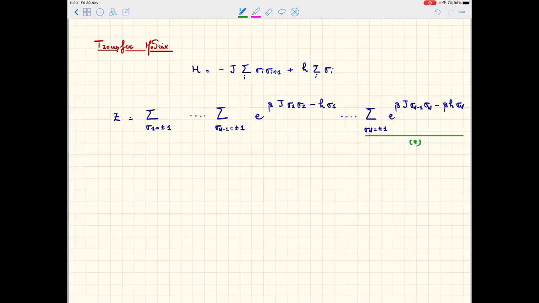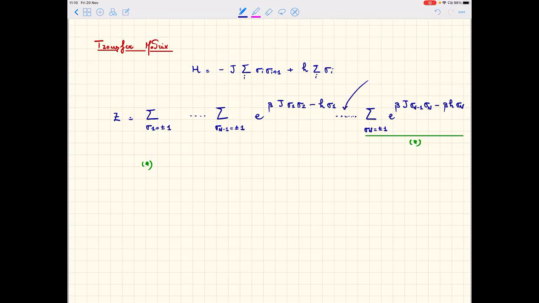Professor, I think the summation in the middle is somehow weird, because the summation is over sigma n, but the term is sigma 1 and sigma 2. Yeah, of course. All these dots here mean that you have e to the beta J sigma 2 sigma 3 minus H sigma 2, and then e to the beta J sigma 3 sigma 4.